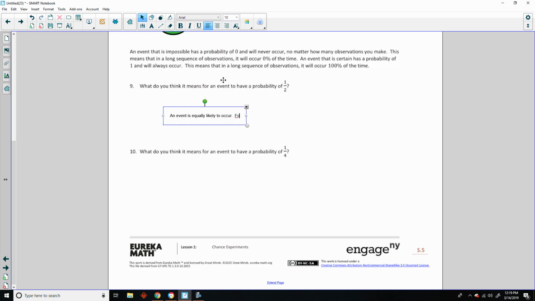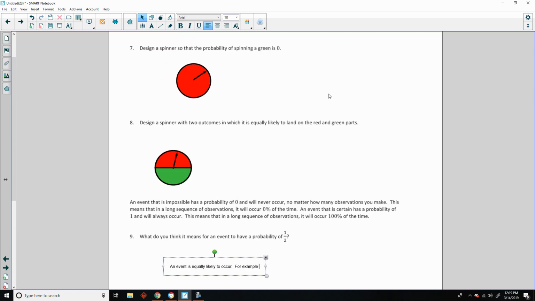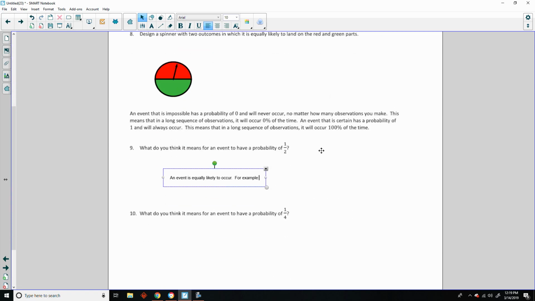For example, if you spin the spinner in number 8, red will occur 1/2 of the time.